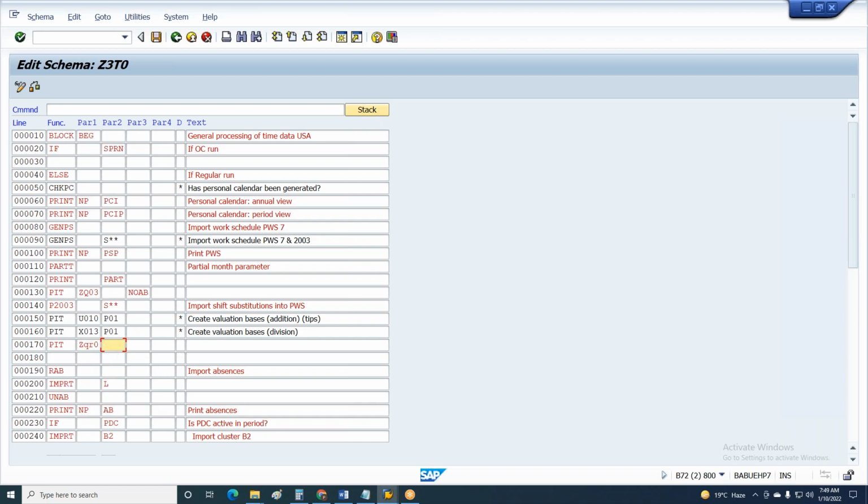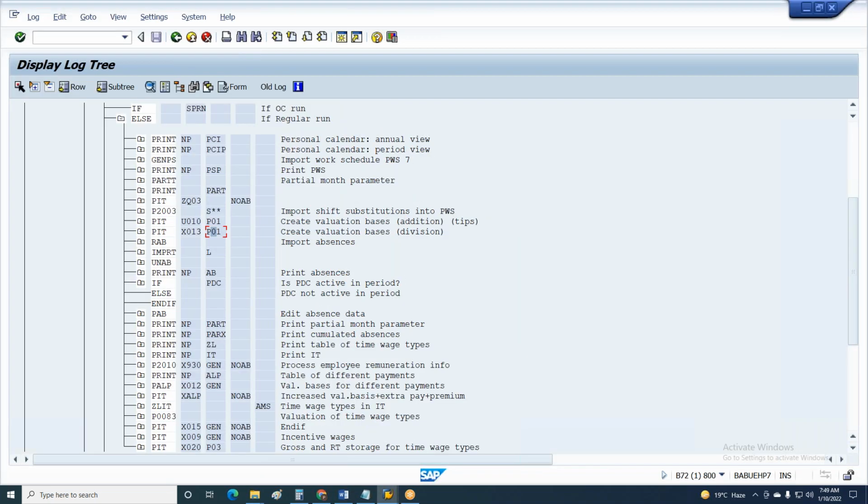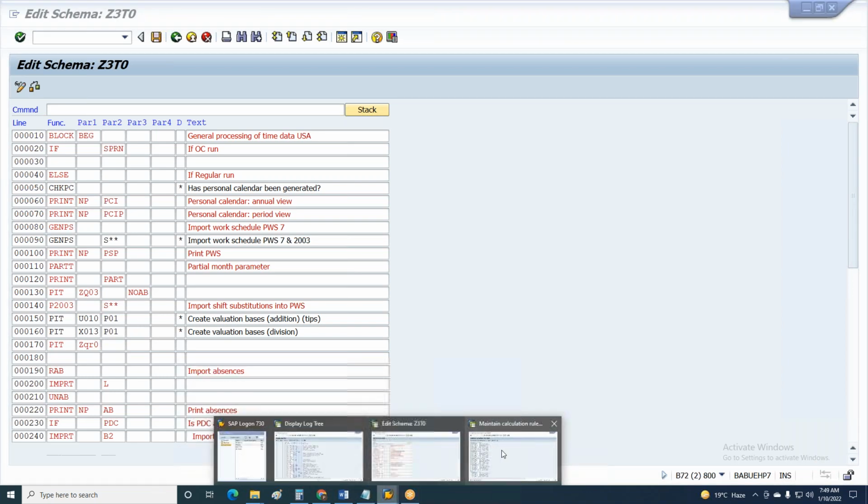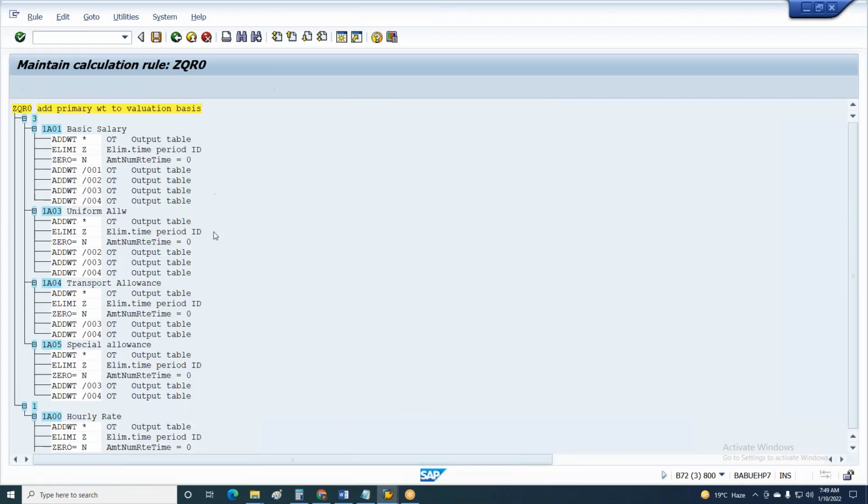GEN or a blank or a processing class? Anyone? GEN, sir. You practice the rules again and again. Anyone else? Processing class 1, sir.